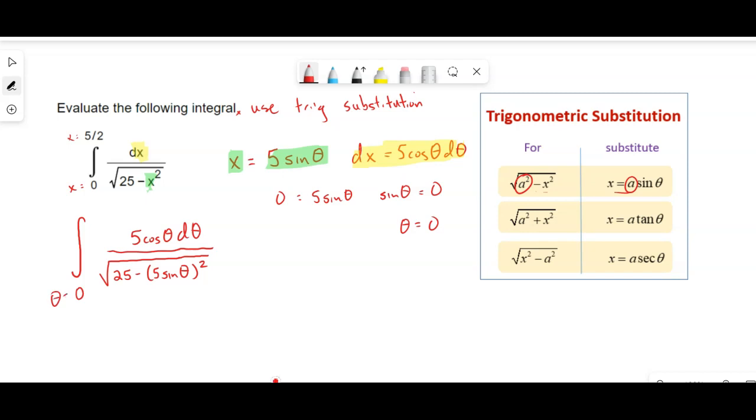Again, now we're doing theta equals. We're substituting, so we're switching x's for thetas. The other one, we got 5 sine theta equals x equals 5 halves. So 5 sine theta equals 5 halves. What makes sine of theta equal 1 half? I'm dividing both sides by 5. So that is theta equals pi over 6. So that makes this upper value pi over 6.